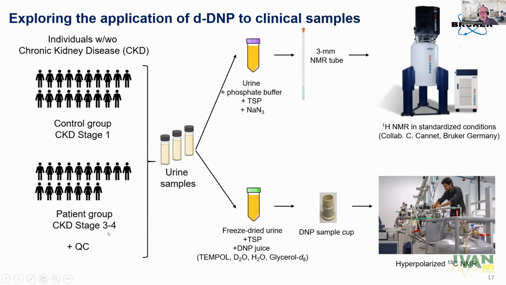For all of them, we had urine samples, and these urine samples were analyzed in two ways. We analyzed them with our C13 NMR metabolomics workflow, as I mentioned before, and we also analyzed them with conventional proton NMR metabolomics on a very standardized configuration, which is the IVDR configuration. So it was a collaboration with Claire Canet at Bruker.